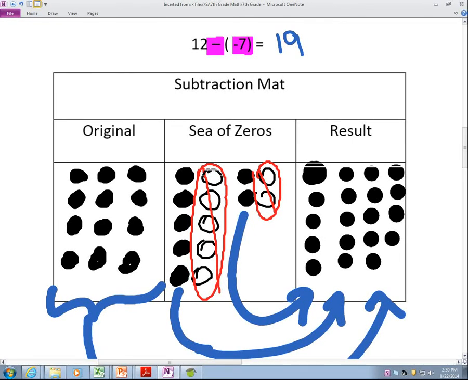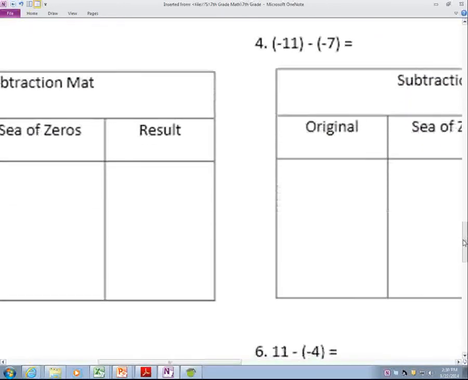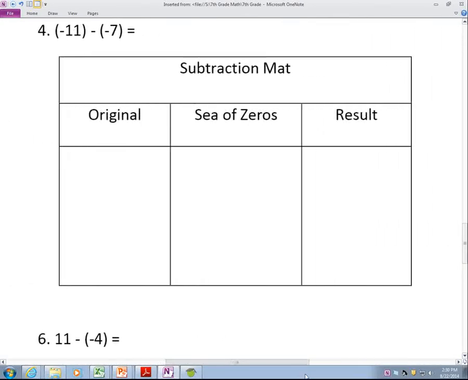Let's do another example, and you guys are actually going to have about 10 minutes to work on your homework. So we're going to do one more example. We're going to do number 4 on the back side of your page.